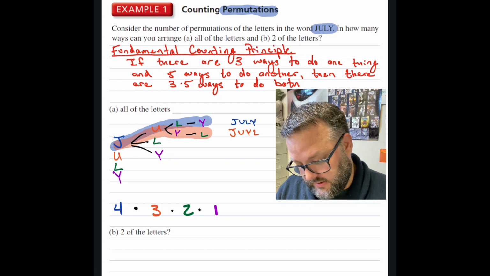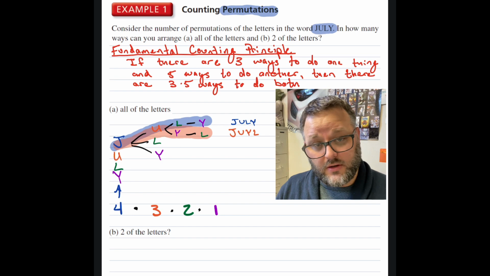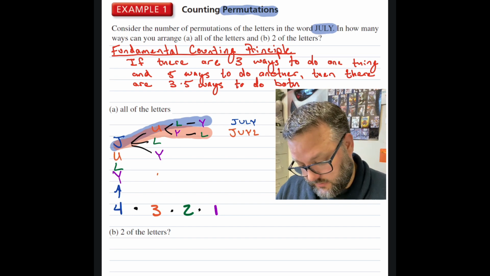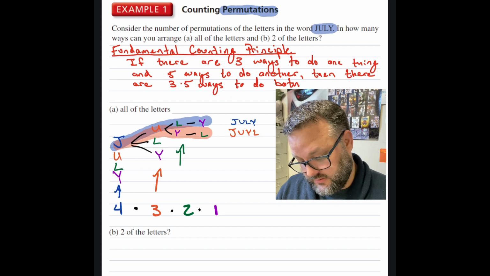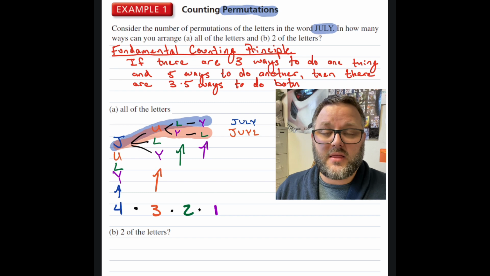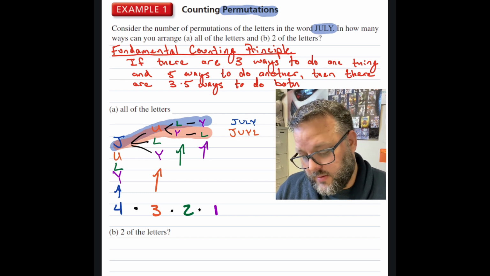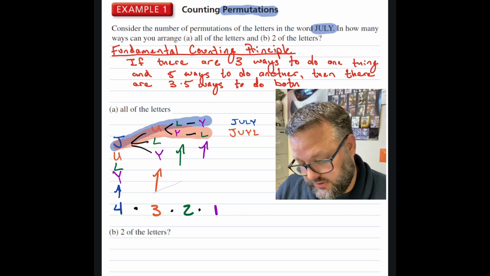Now, the last one to me was always a little bit hidden. What I mean by that is it looks like I'm choosing the 4 because there's 4 letters here. It looks like I'm choosing the 3 because there's 3 letters here, and it looks like I'm choosing 2 because there's 2 letters here. So I should choose the number 2. That's what I always thought. The problem is these are all shifted.